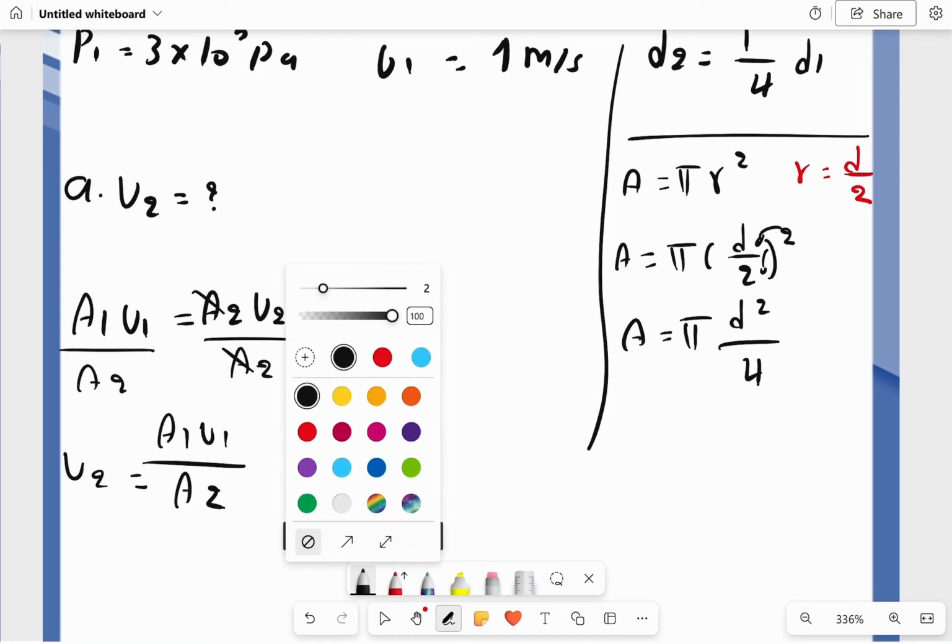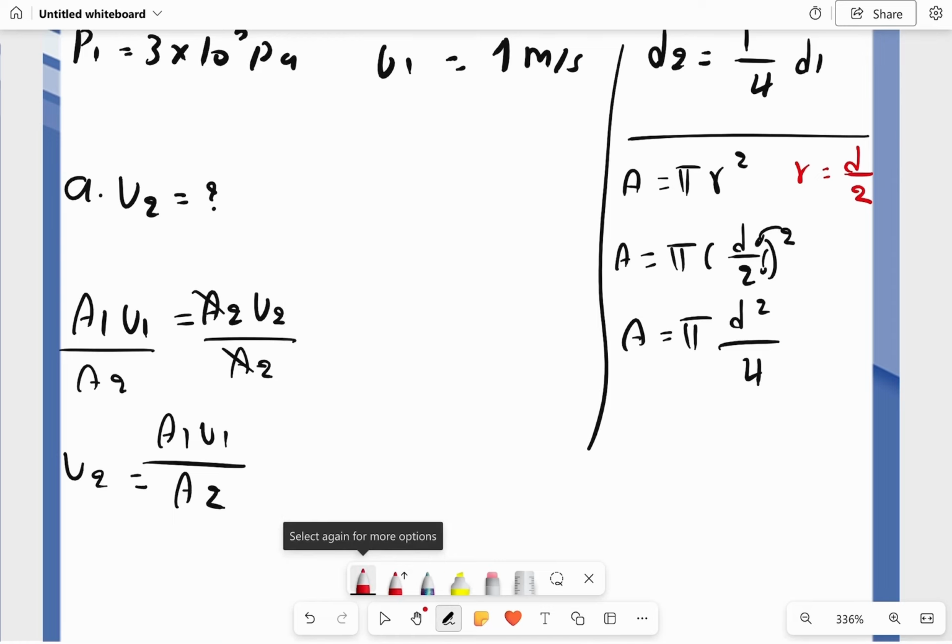From this equation, you can see that area is proportional to the square of diameter. Meaning if diameter 2 is equal to 1/4 of diameter 1, let's put it in this equation. Forget about this 4 and forget about this pi. Area is equal to diameter squared.